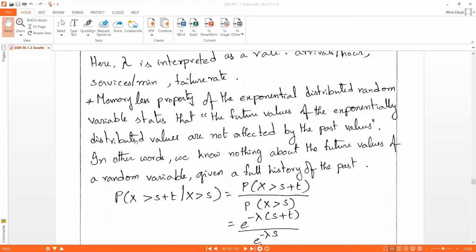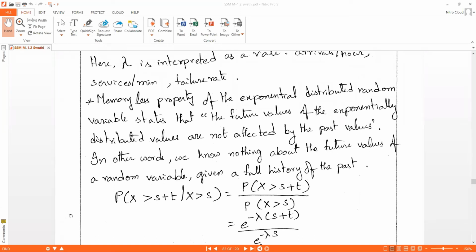Okay, and the memoryless property of an exponential distribution random variable states that the future values of exponentially distributed values are not affected by past values. In other words, we know nothing about the future values of the random variable given the full history of the past.